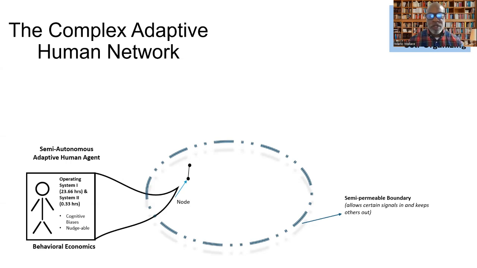So as you look at the semi-permeable boundary, the line is a link to another person. And these people communicate with each other through conditional interactions, meaning they conditionally choose who they want to engage with and interact with in an organization.